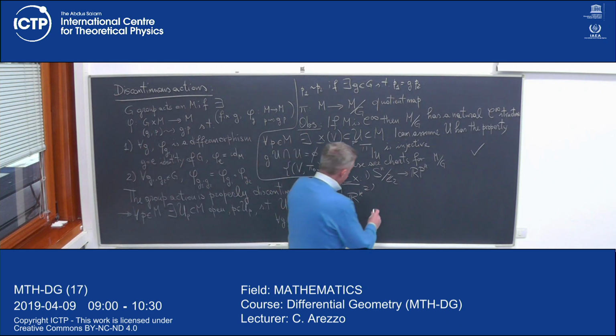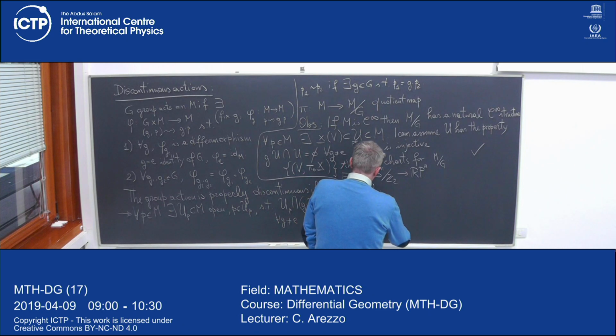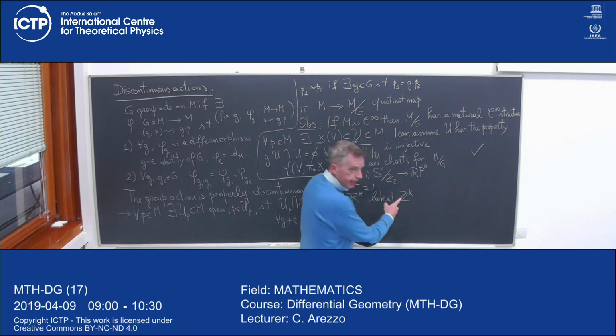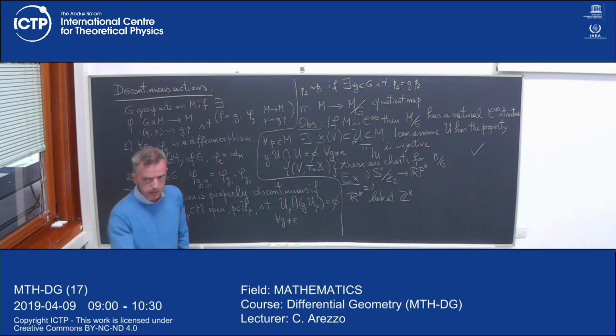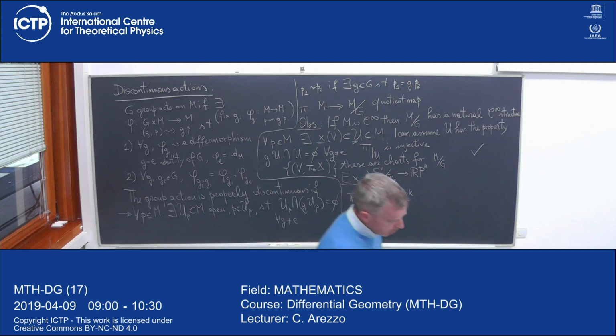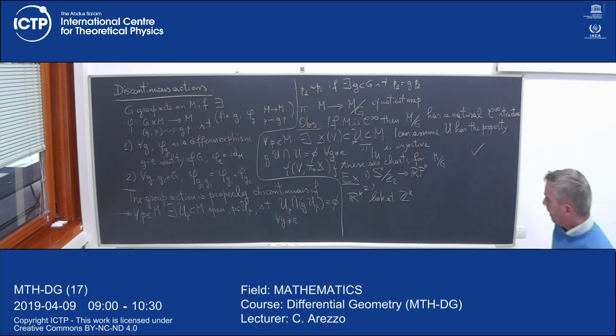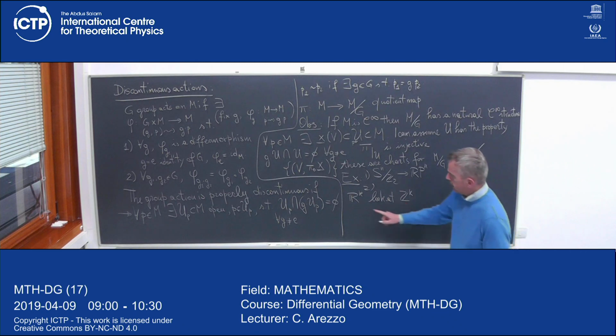And now, of course, look at Z^k. This time the k is upstairs, it's not downstairs. So translations, so choices of k integral numbers. Okay. And now how does this thing act on this?